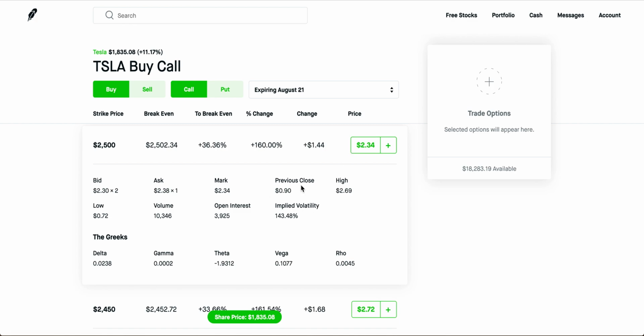This is 234, but theta is negative 193. That means basically if the price is flat tomorrow, it's not exactly accurate, but your option will lose about 1.93. So basically it will be like 40 or $50 tomorrow. Today it's 234. Even if Tesla opens flat, because it's way too far away, theta is going to eat it.